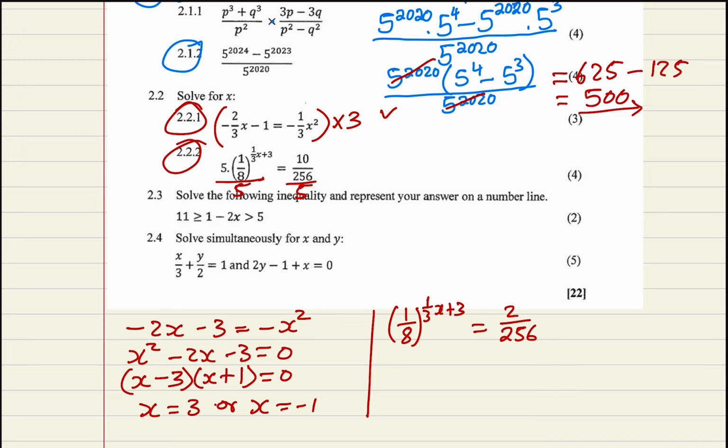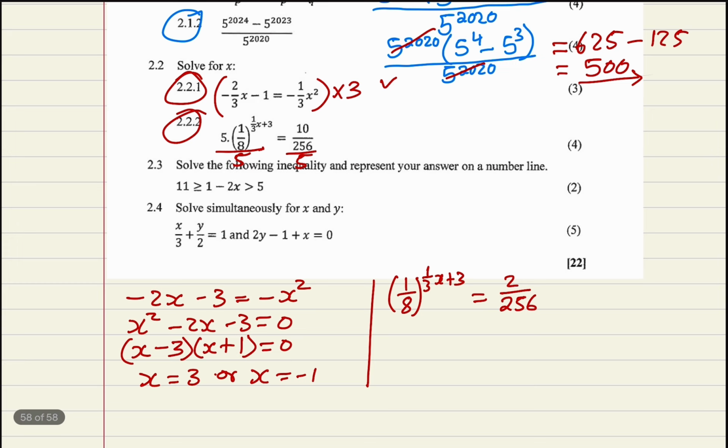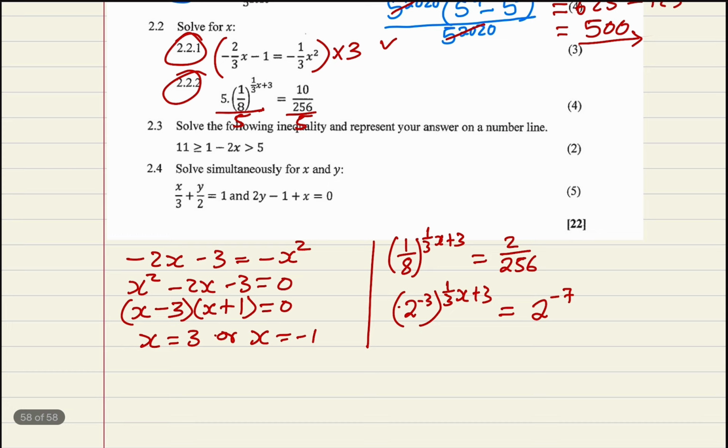Okay, then we change them into prime factorization. So I will have here 2 raised to negative 3 all raised to 1 over 3x plus 3 equals to 2 raised to negative 7. Okay, now let's multiply inside.